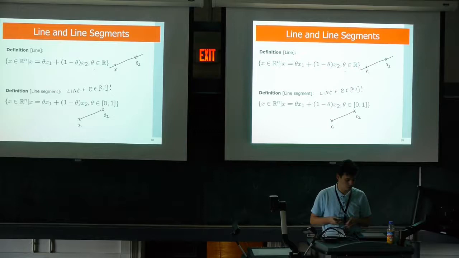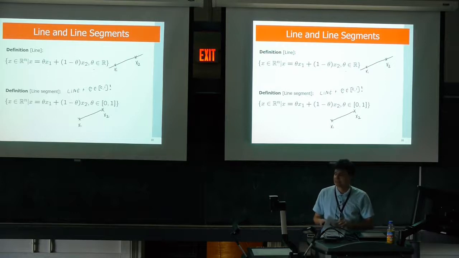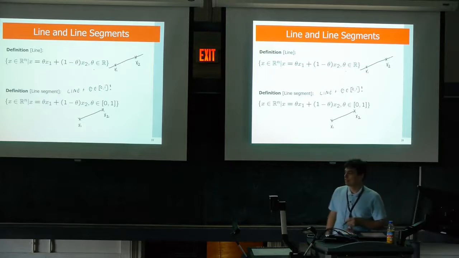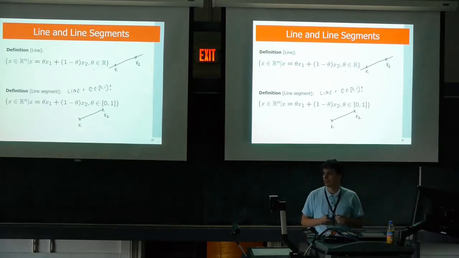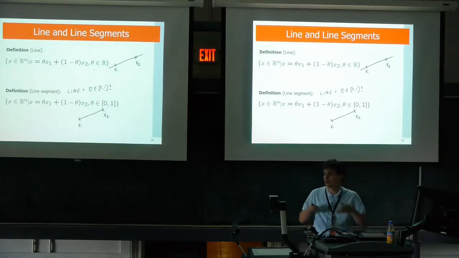And this line goes through x1 and x2. A line segment, on the other hand, is the same as a line, except theta is in the closed interval 0 and 1, then it's a closed line segment. If it's in the open interval of 0 and 1, that's an open line segment.